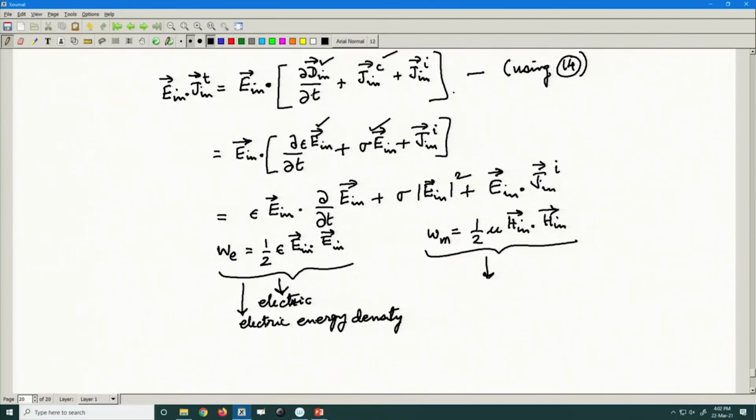So this is the electric energy density and this is the magnetic energy density.